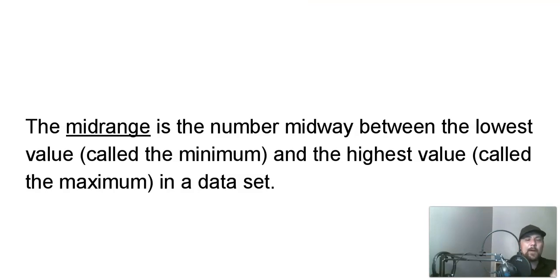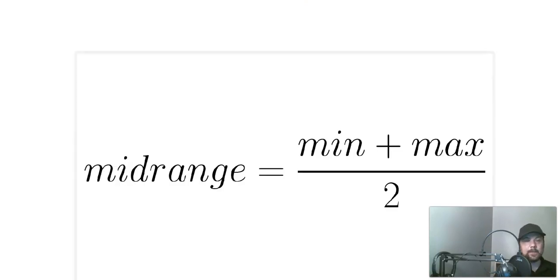The number exactly halfway in between can be found by adding the 2 numbers together and dividing by 2. So you take the minimum data value plus the maximum data value and divide by 2. That tells you the number exactly halfway between the minimum and the maximum.